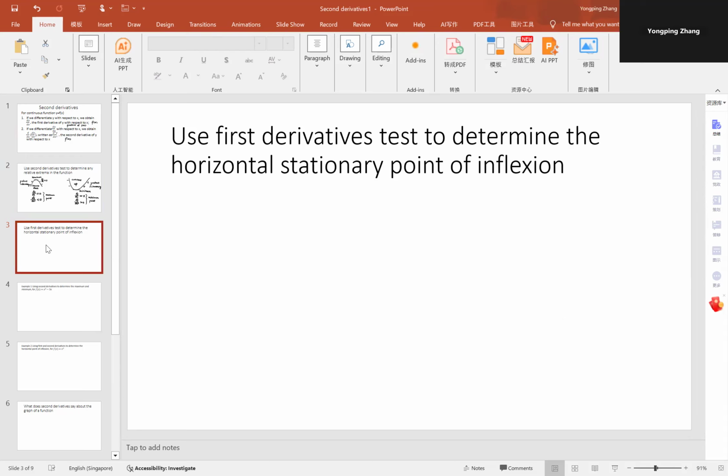If for the stationary point, dy/dx equals 0 and d squared y/dx squared equals 0, in this case, this is a horizontal stationary point, such as x, y, 0.